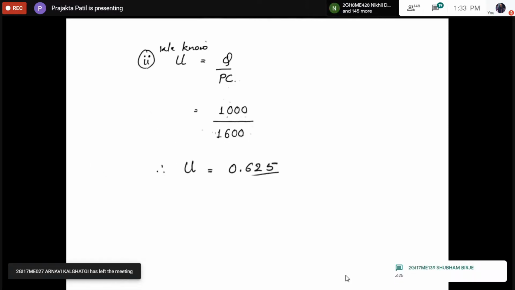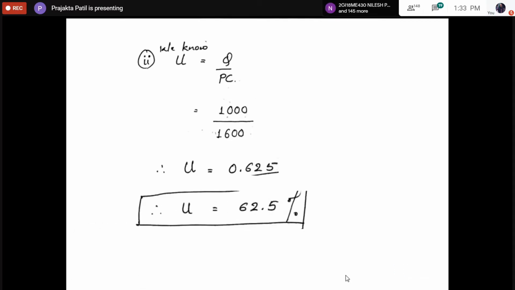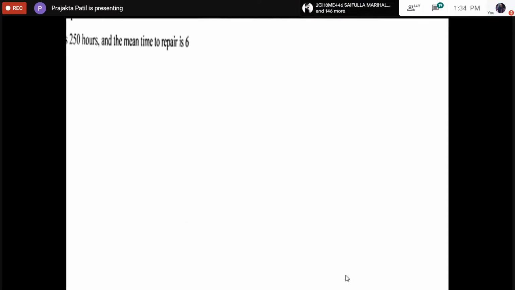It is 0.625, but as utilization is expressed in percentage, you get the answer as 62.5%. All have got this solution? Okay. So we'll proceed to the next one.